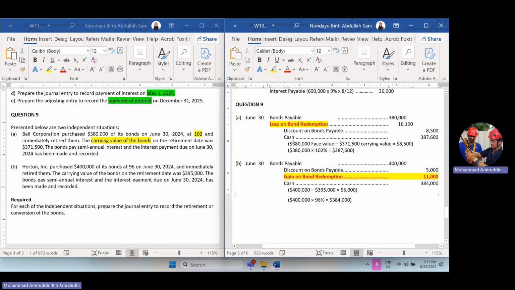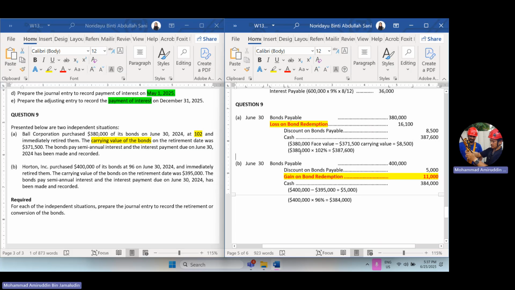So now my cash, how much do you pay? 380,000 multiply 102%. That's why this percentage of the premium bond is very important to know. You should know. So your face value multiply your issuance at premium.